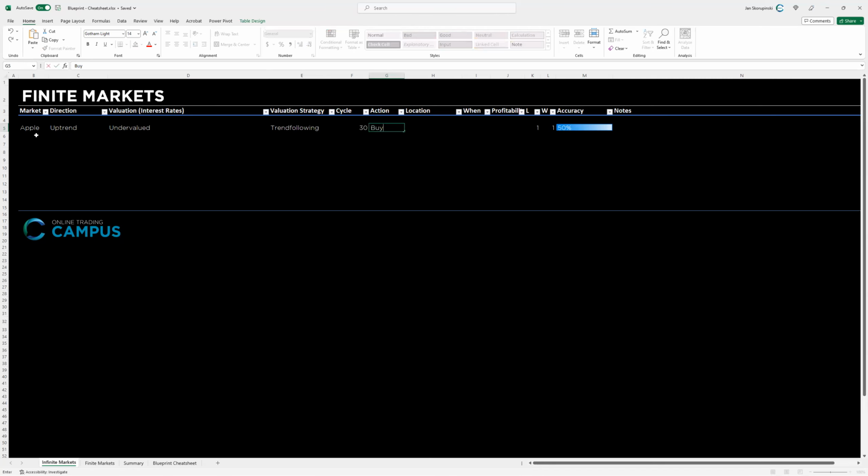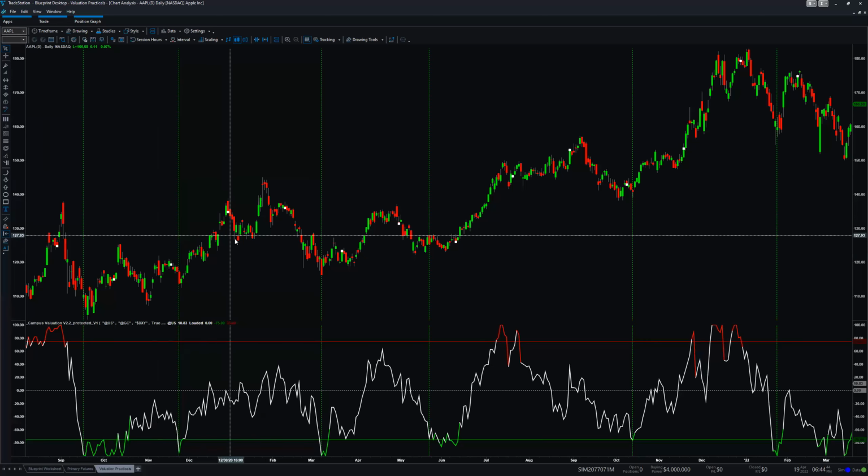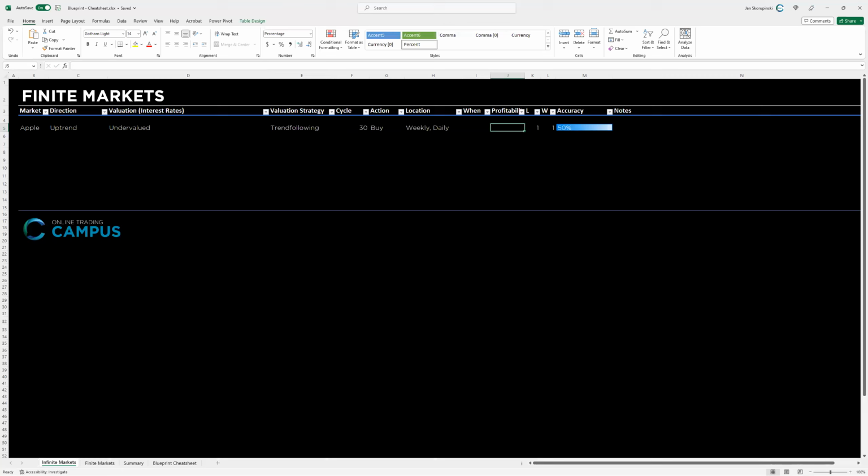The action is to buy in weekly and daily demand, when seasonality agrees. So we looked at one, two, three, four, five, six: 6 winners and 0 losers. So basically 100% accuracy.